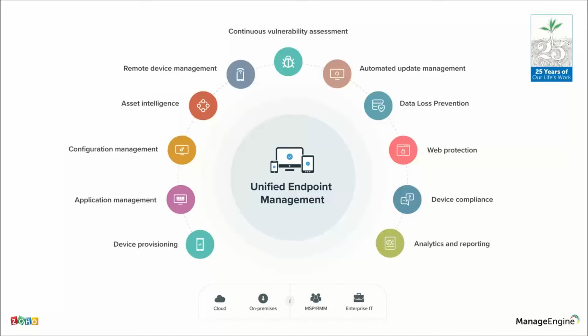So the slide that you're looking at right now shows the features under Unified Endpoint Management. You can leverage these when you're using Desktop Central. So we have patch management, which not only takes care of operating system updates, but even third-party application patching. We also have application management. You can also manage other functionalities, including mobile device management.